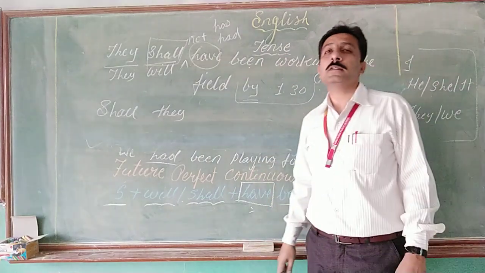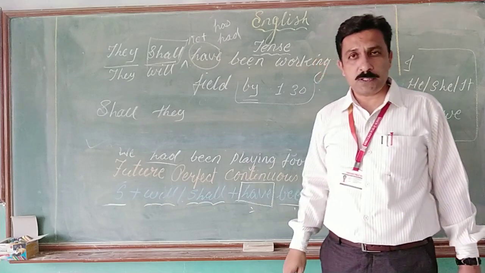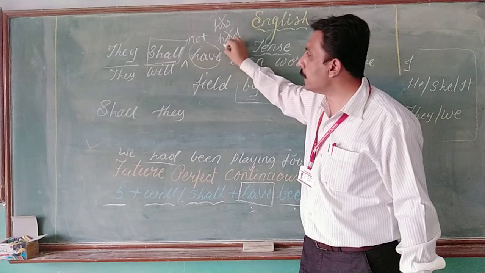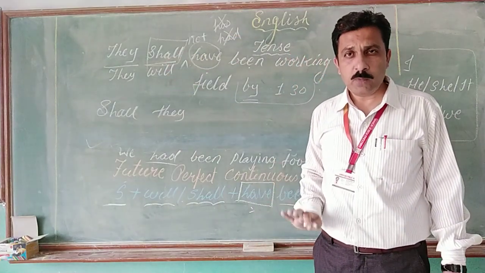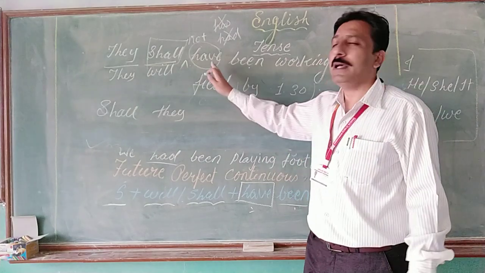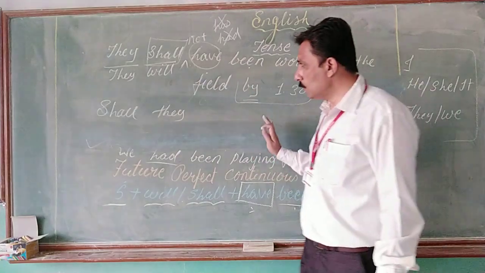Because students commit this mistake while writing. So there is no use of has or had with will or shall. Wherever there is will, wherever there is shall, we use have. We don't use has, we do not use had.